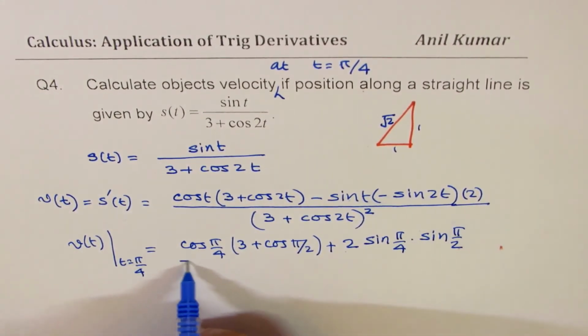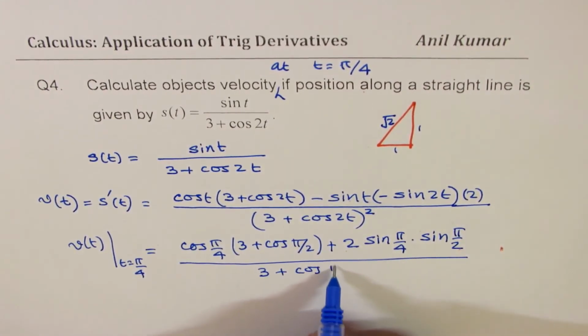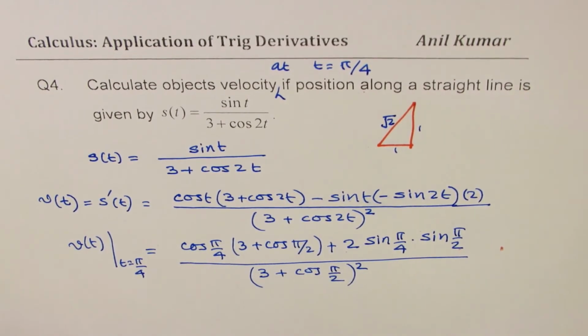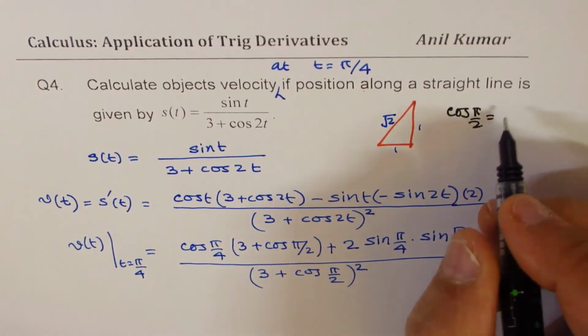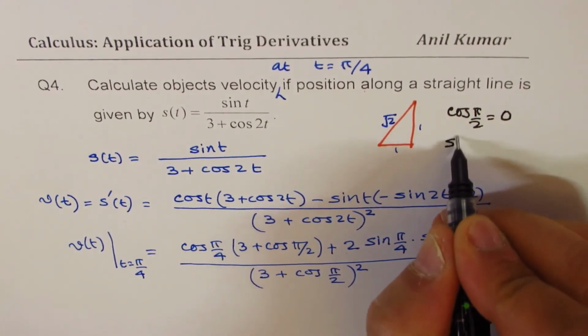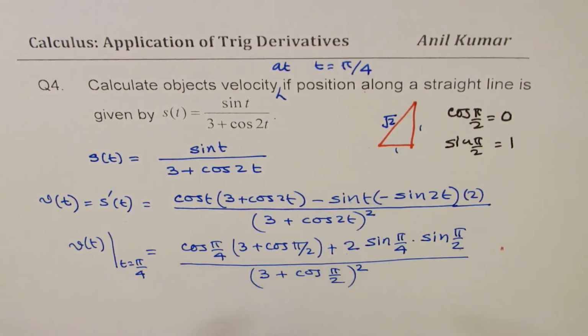Does it make sense to you? Divided by 3 plus cos pi by 2 whole square, right? So that is the expression. Now, what is cos pi by 2? Cos pi by 2 equals 0, and sine pi by 2 equals 1, correct? So we'll substitute these values and find our answer.